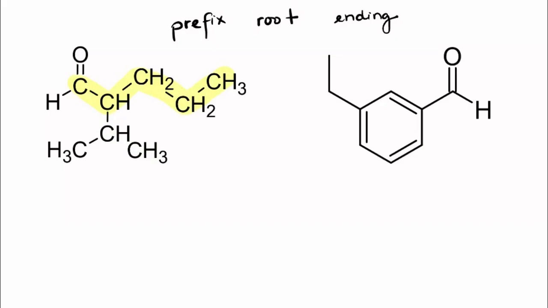As a reminder, the prefix is going to give us the location and name of the substituent. The root in this case is going to be the alkane name of the longest carbon chain.